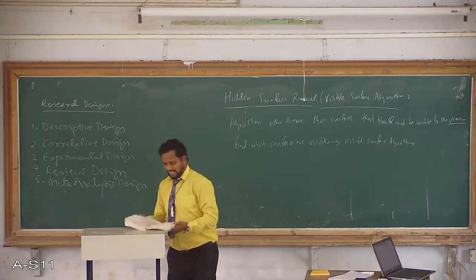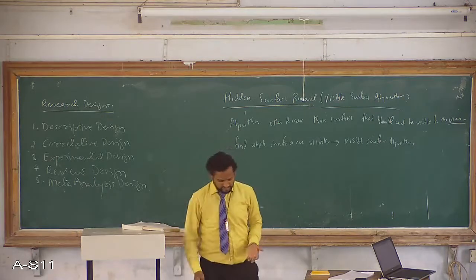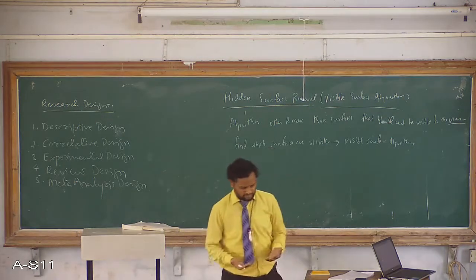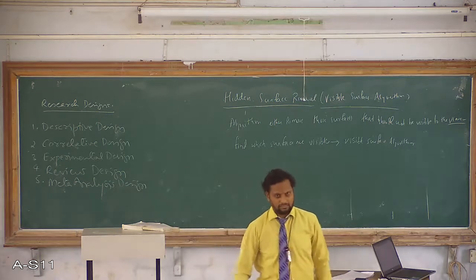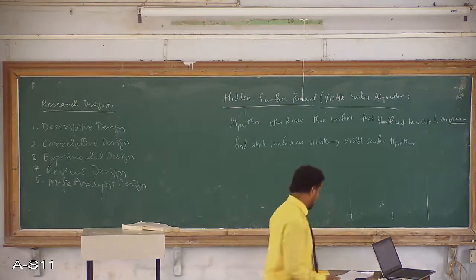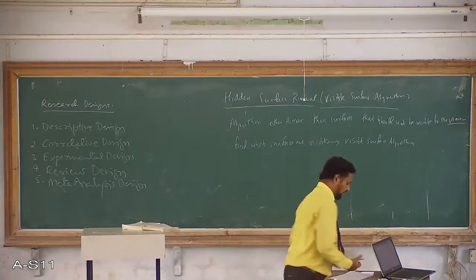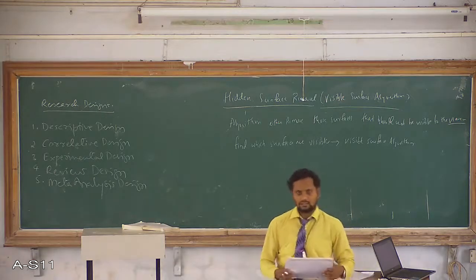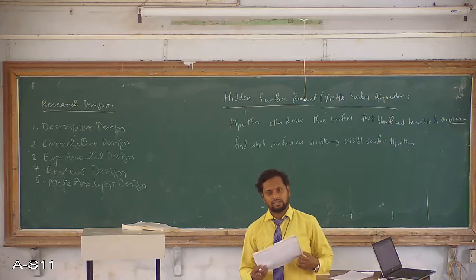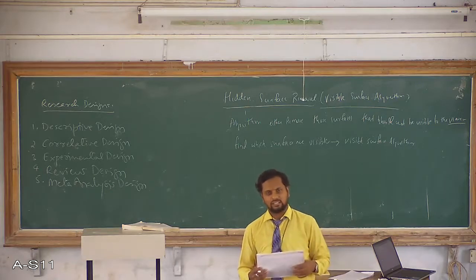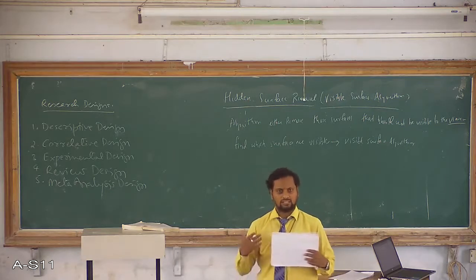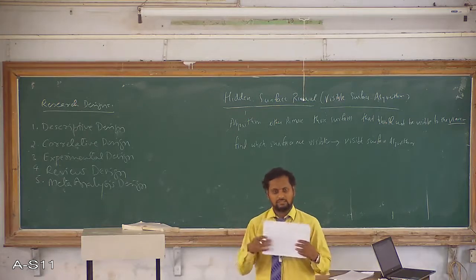So what exactly is it? Hidden surface removal means, right now I am standing here holding a book. There is one object, and there is one more object.